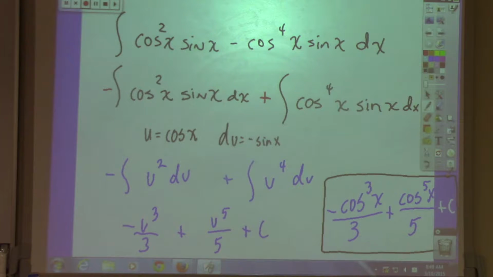Now you can bring the 1/3 out, you can do that, and the 1/5, that's fine. Manipulation with a capital M.